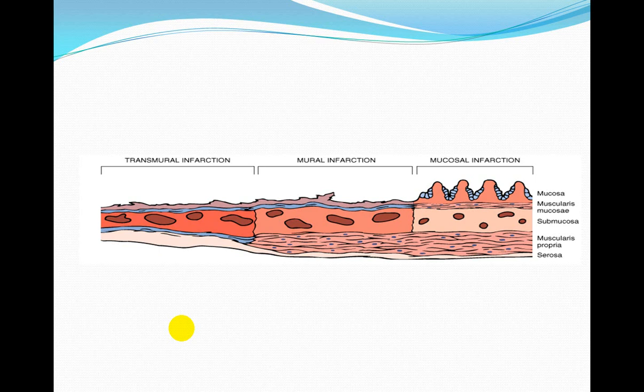This will result in diffuse peritonitis, associated with a generalized area of inflammation and then septic shock. So intestinal gangrene is one of the urgent states.